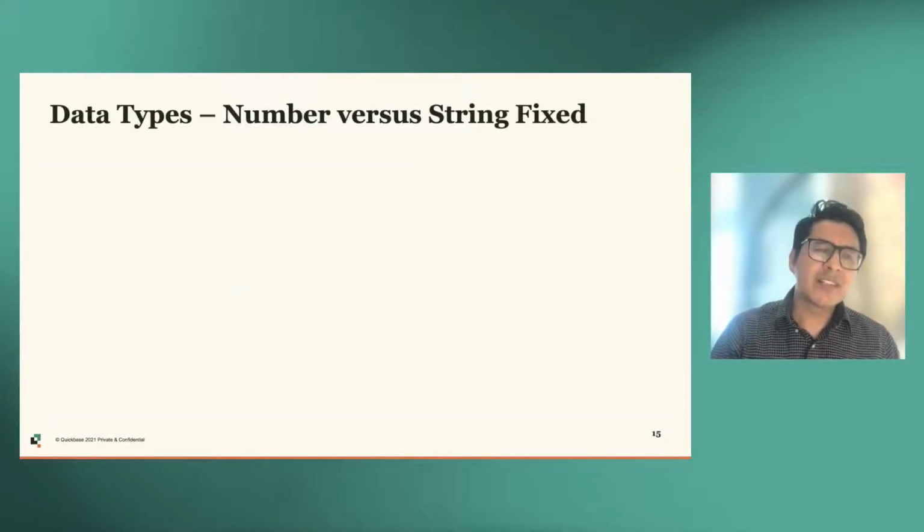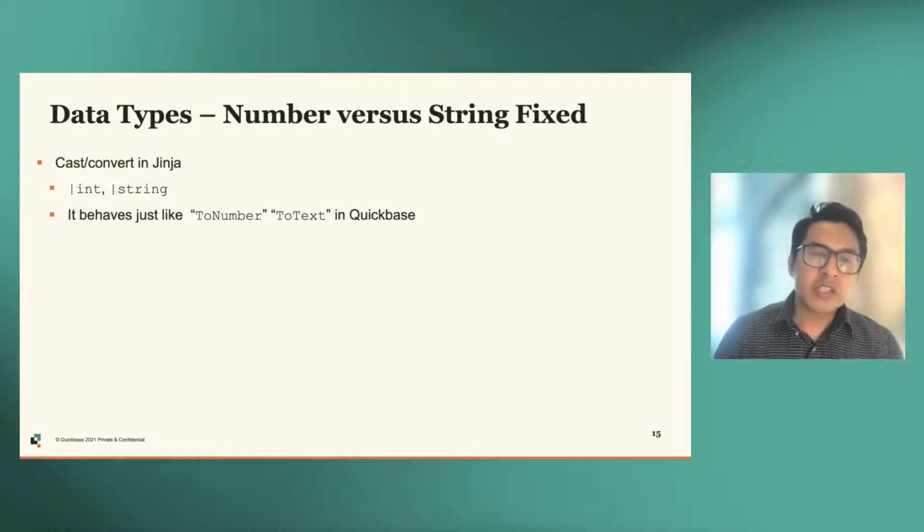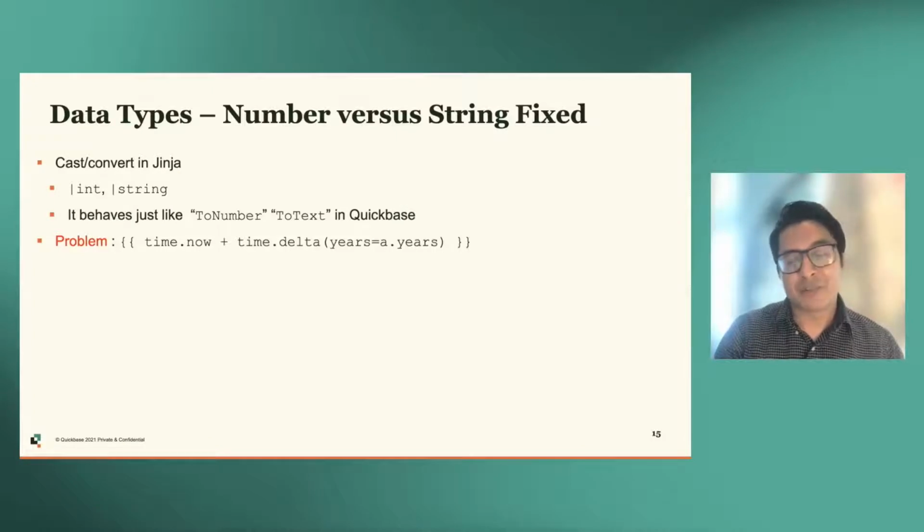Now, it's clear that I need to convert the string that was returned into an integer so that the Jinja function works for me. In Jinja, we have all these filters called int, string, and list, and all the data types have similar filters, and they treat them just like in QuickBase when we have two numbers or two texts. So that was the problem before. We had a time.now, and it was taking years, and it threw an error.